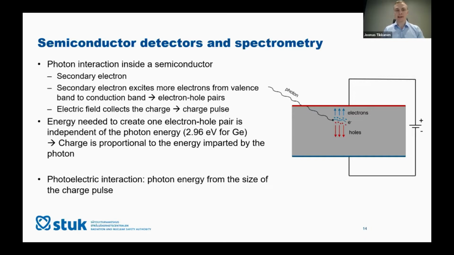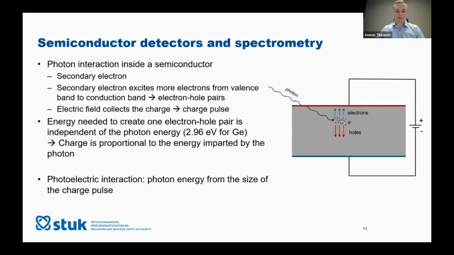And then when you apply an electric field inside the semiconductor, the field collects these free charges. And the energy needed to create one of these electron hole pairs is independent of the photon energy. And you get a lot of these electron hole pairs. For example, if you have a 10 keV photon, you already get thousands of these electron hole pairs.